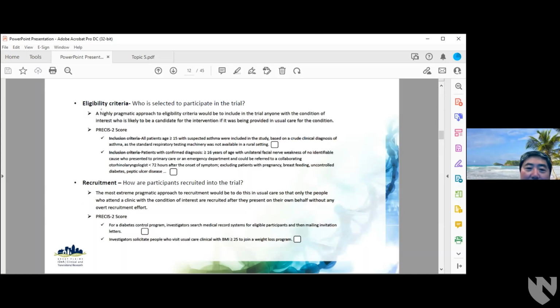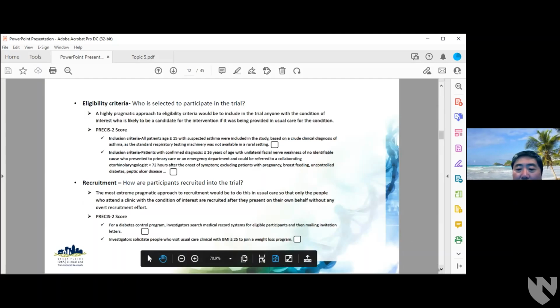The general definition for the pragmatic approach is to include anyone with the condition of interest who is likely to be a candidate for the intervention if provided in usual care. So if efficacy is demonstrated, it can apply to patients in the general setting, right? I'll give you 2 examples.